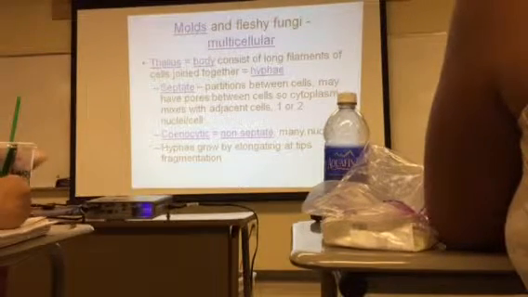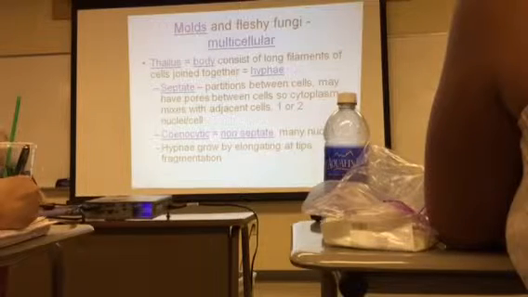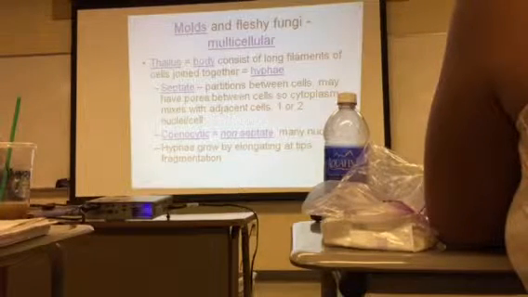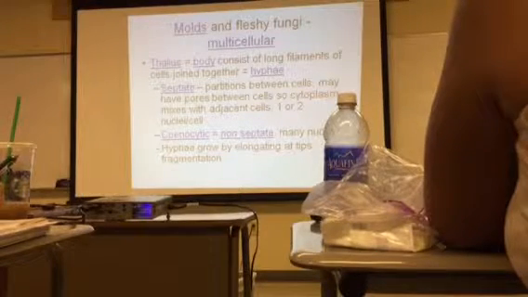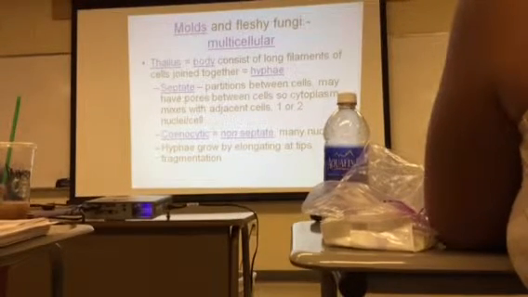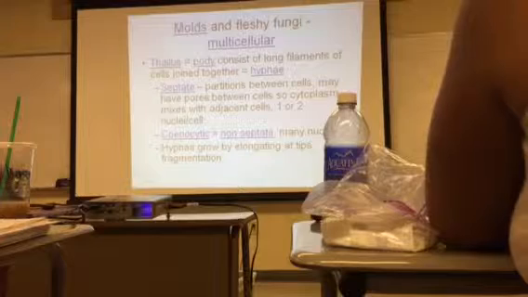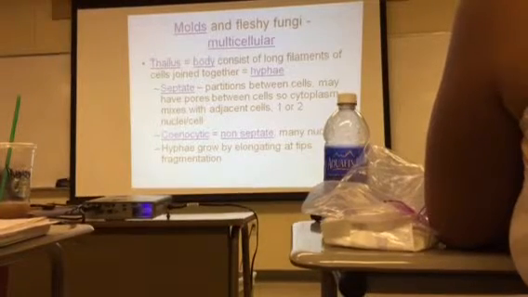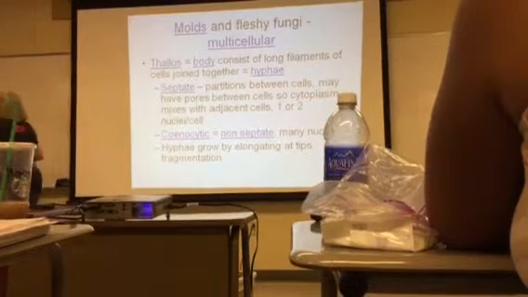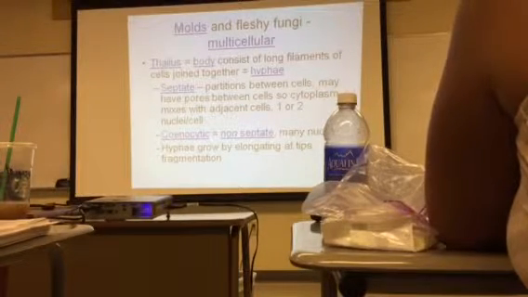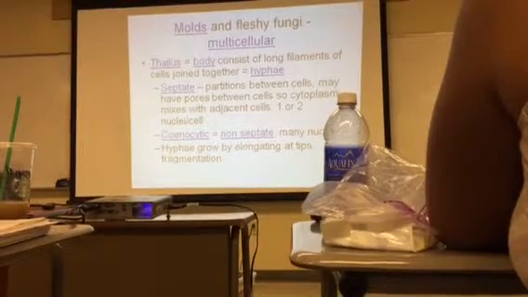So this is a little look at the anatomy of fungi. The body of a fungus is called a thallus, and it consists of long filaments of cells that are joined together called hyphae. I think I've drawn these for you.